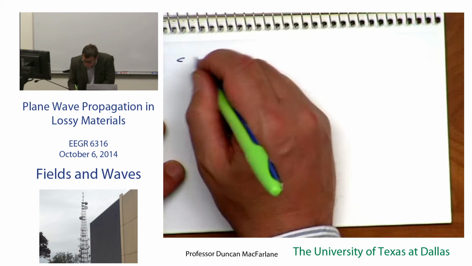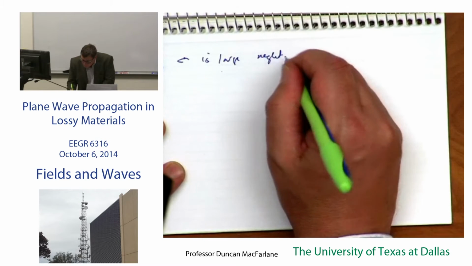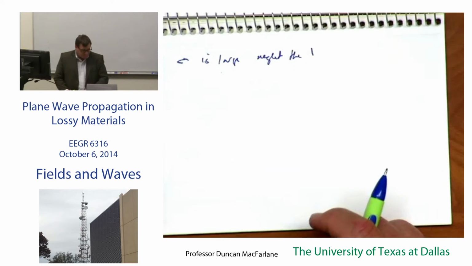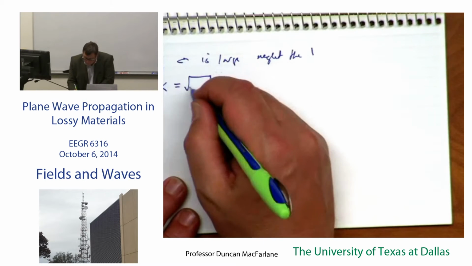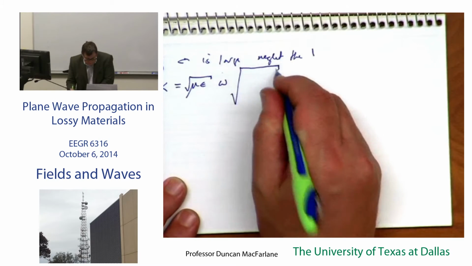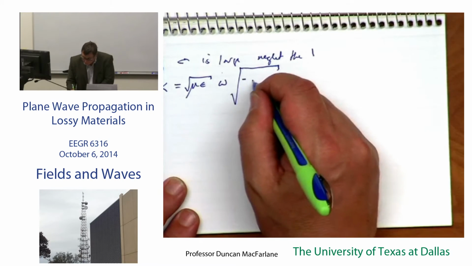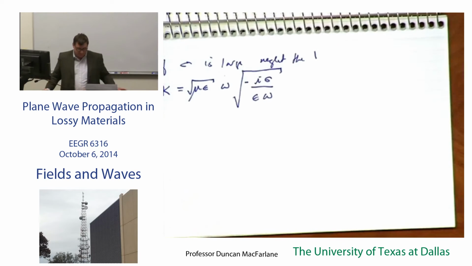So if sigma is large, neglect the 1, and I have k equal to the square root of mu epsilon times omega times the square root of minus i sigma over epsilon omega. Okay, pretty simple algebra, right?